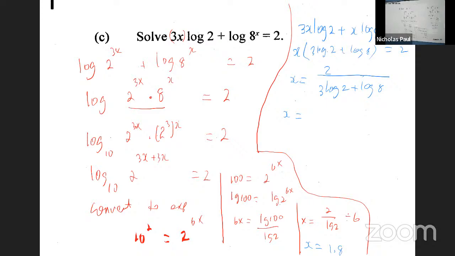What you got? 1.11. And the second answer? 1.11.